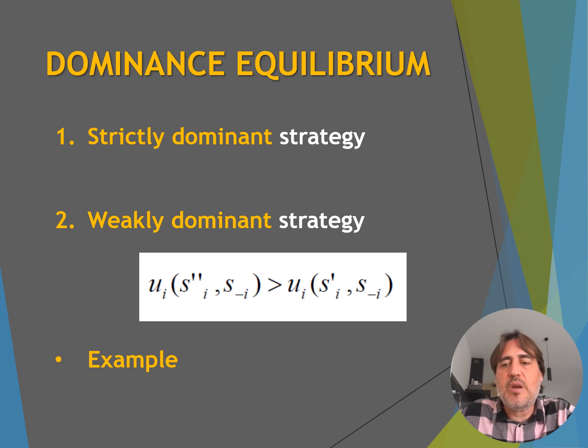In this game, therefore, we can predict exactly what will happen simply by using the concept of a strictly dominated strategy. Does this occur in other games? Sometimes yes, but in many other cases no. So we will need other ways to predict the solution of static games.